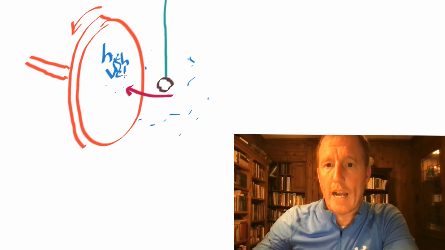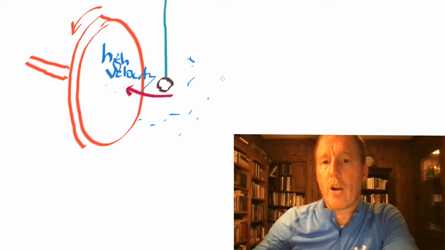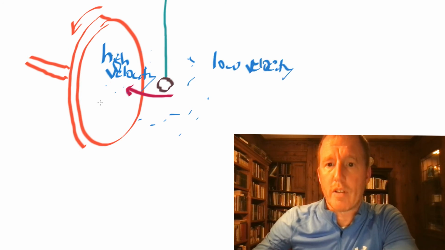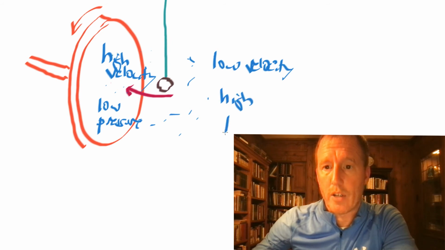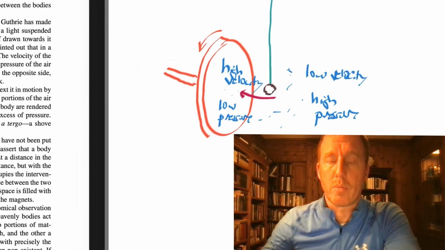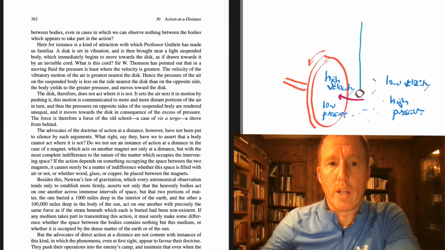It's being dragged around by the disk. It has high velocity, whereas the air farther away from the disk is moving at low velocity. And by Bernoulli's principle, the high velocity air has low pressure, and the low velocity air has high pressure. And as a result, the high pressure air pushes that small light body toward the disk.